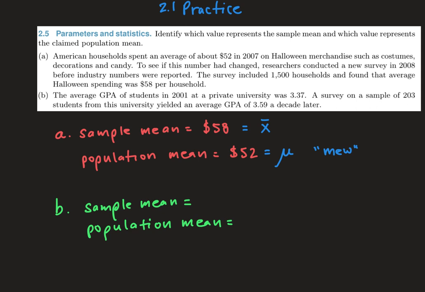So the sample mean GPA is that 3.59 coming from that sample of 203 students, and again, we can use X bar to stand for that. And then the population mean, the one that was assumed to be true before we took that sample, was 3.37, and again, we can use mu to stand for that.